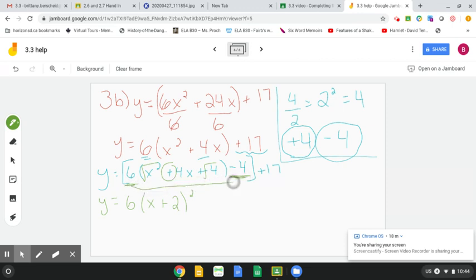They multiply, right? It's like you're distributing that 6 to the negative 4. So when you multiply that, you get negative 24. And that last part is plus 17. So the final step here is just to combine your constants. So I'd have y equals 6 times x plus 2 squared, and then minus 24 plus 17 is negative 7.